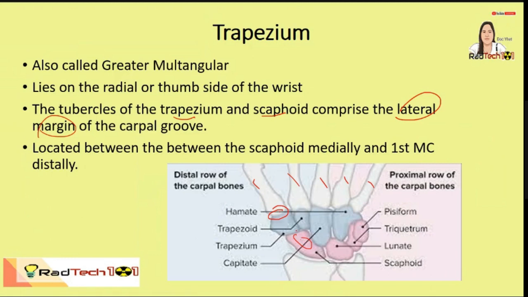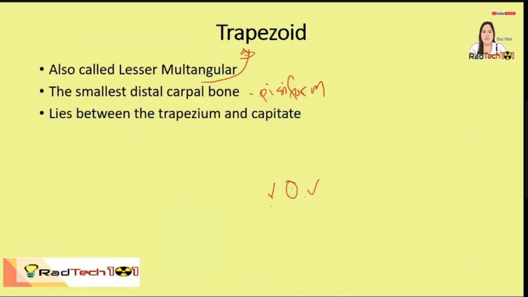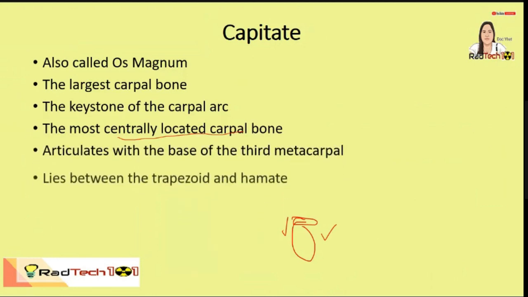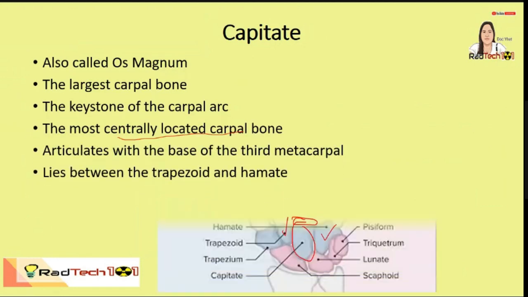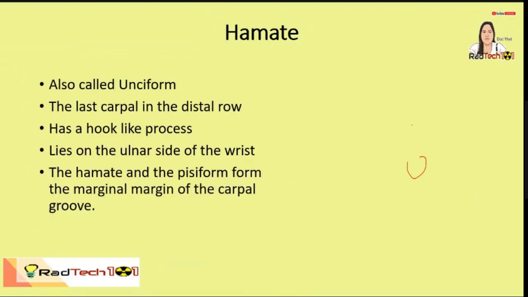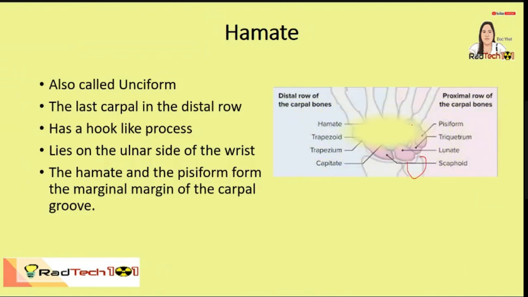So again, we are basing this on our anatomic structure or yung ating anatomical position. So, if trapezium and scaphoid forms the lateral margin of the carpal groove, the hamate na yan, and the pisiform form the medial. This is not marginal. Sorry. This is medial.